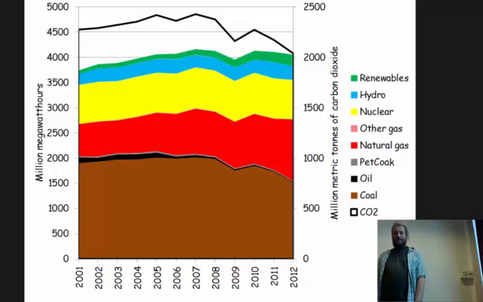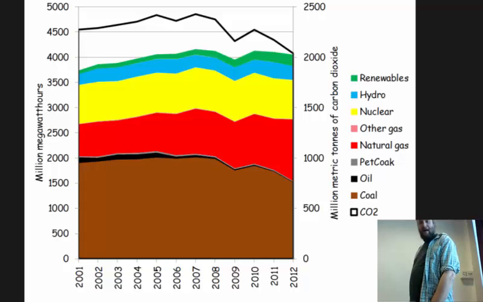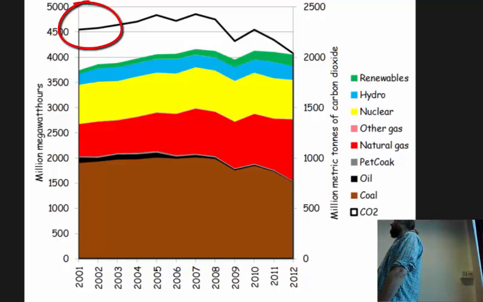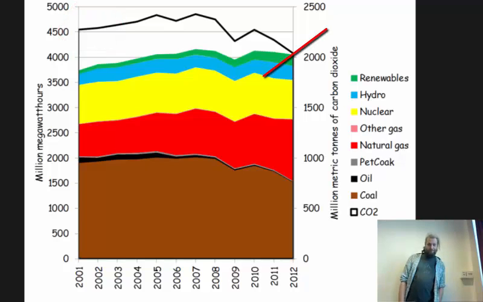And what you see is that there's been a substantial emission reduction from the year 2001 to the year 2012. So that's a 10% or so emission reduction. All that comes from the switch from coal to gas.